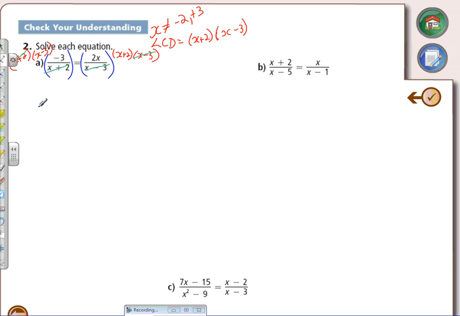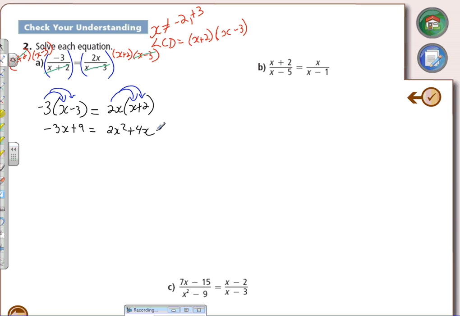I now have negative 3 times X minus 3 equals 2X times X plus 2. Expand. Collect like terms. So we've got negative 3X plus 9 is equal to 2X squared plus 4X.